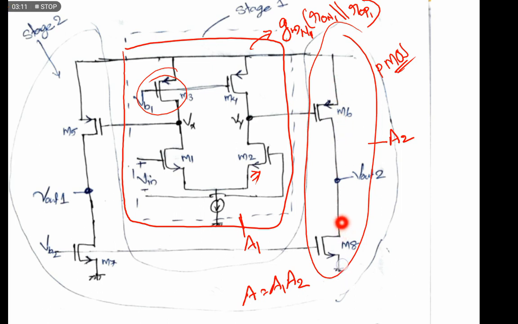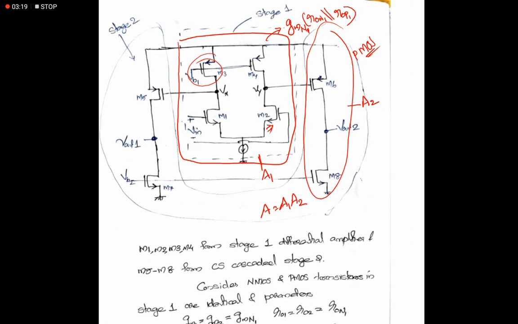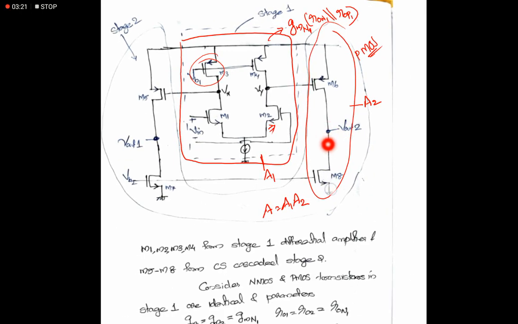And this is a common source configuration, where we can find the amplifier gain. Here the input is given at this PMOS and this will act as a load, and its load impedance is R0N2, since it's a current source configuration.